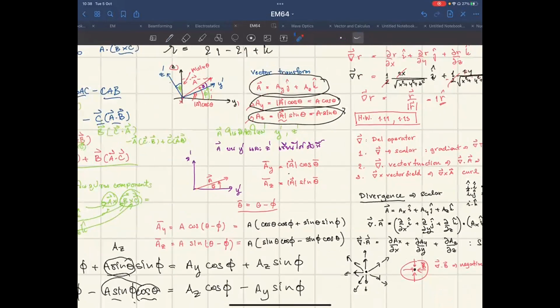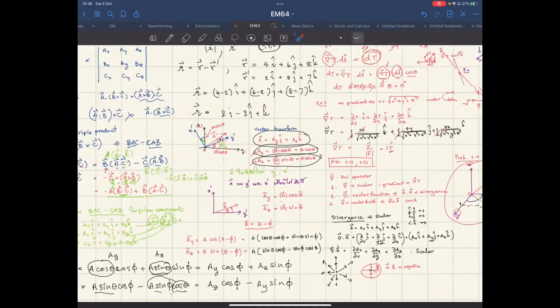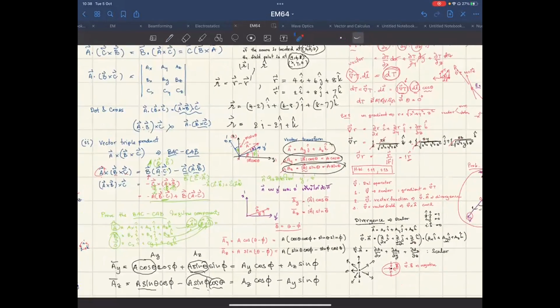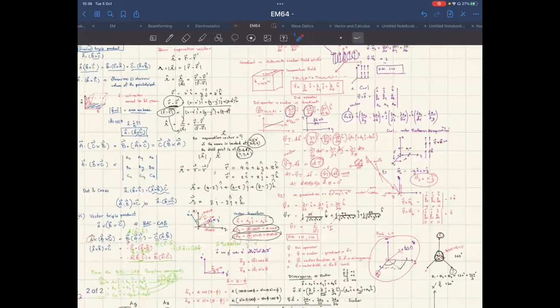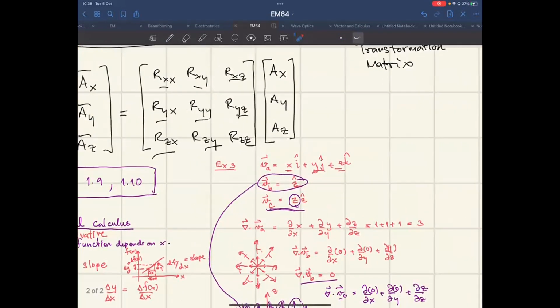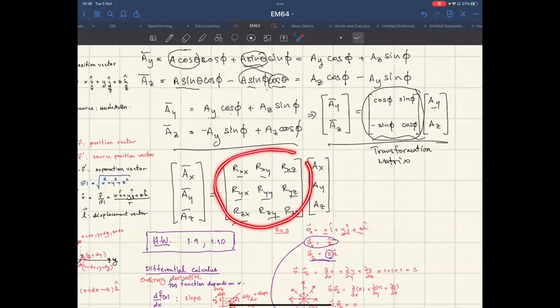The objective of these questions is that we want to find, where is my matrix? Oh, here, we want to find this. That is the objective of this problem.